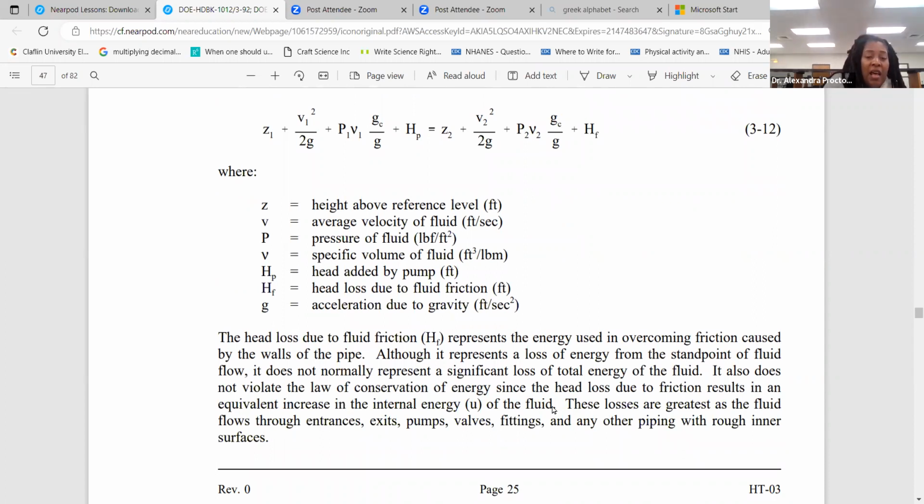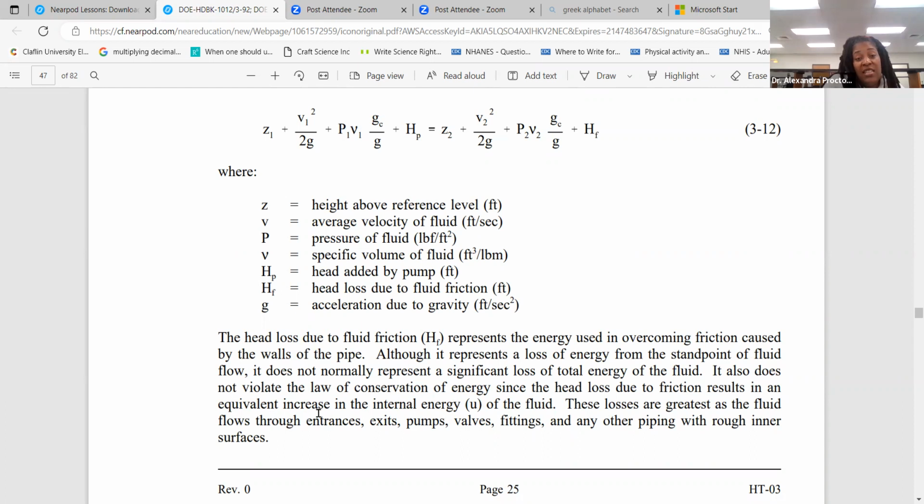So the head loss due to the fluid friction, HF, represents the energy used in overcoming friction caused by the walls of the pipe. And although it represents the loss of energy from the standpoint of fluid flow, it does not normally represent a significant loss of the total energy of the fluid.